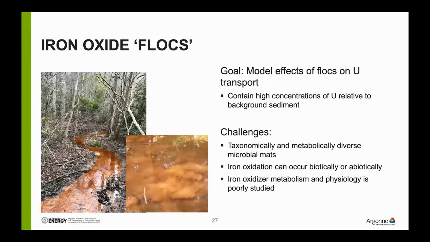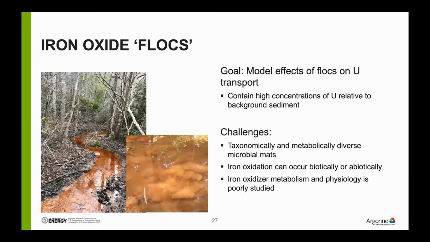Now, the other thing that we're really focused on here at the site is the formation of iron oxide flocks. One of the goals for this is to model the effects that these flocks are having on uranium transport. Sometimes these flocks are present, sometimes they're not.